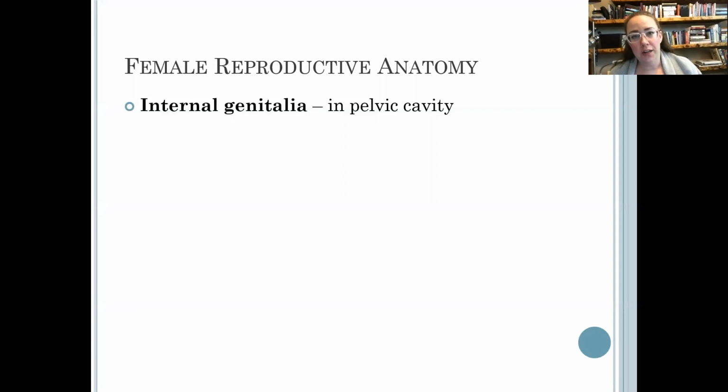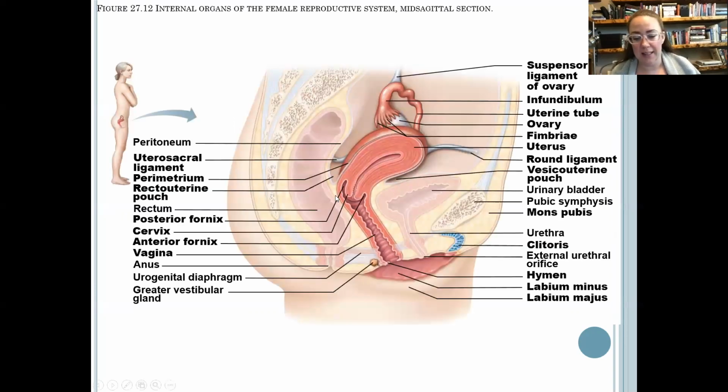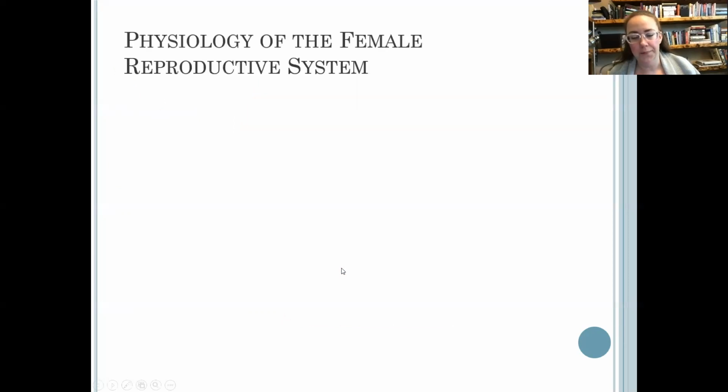The internal genitalia are inside the pelvic cavity. There are a few external genitalia structures, but most of the female reproductive system is inside the pelvic cavity. You can see that here: here are the ovaries, this is the oviduct or uterine tube, the uterus with the cervix, and the vagina, and then these would be the external genitalia out here.